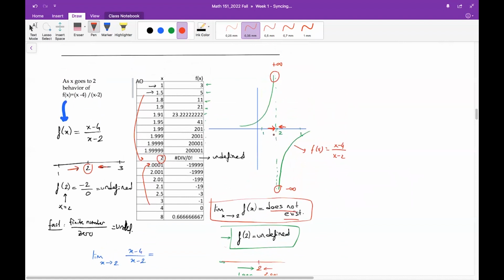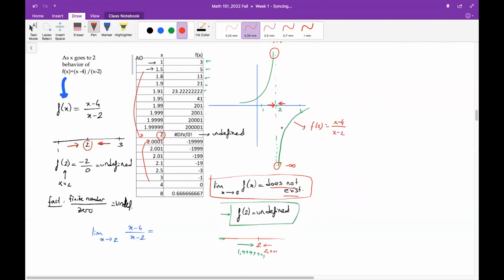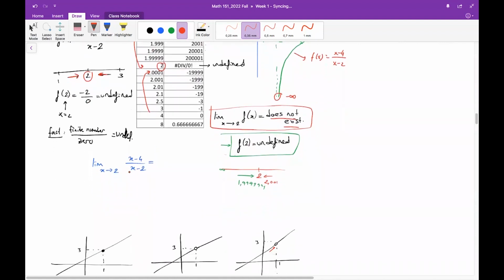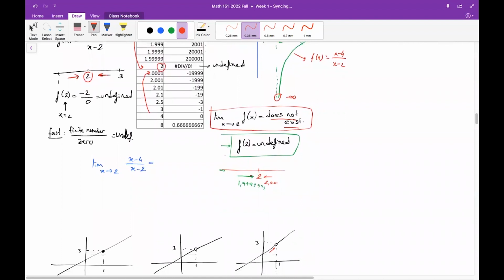As you can see, there is no evaluated value at x equals 2, so your function is undefined. Also from the graph and also from algebraic calculations, minus 2 over 0 is an undefined value. Okay, so when we say that x approaches 2 from this direction, it means that you choose very close numbers like 1.9999.